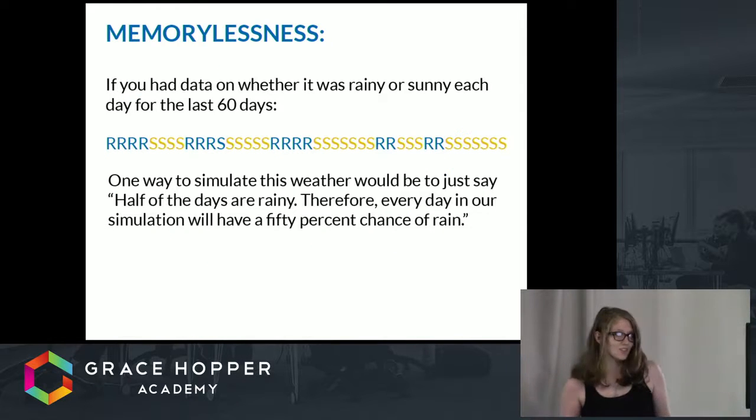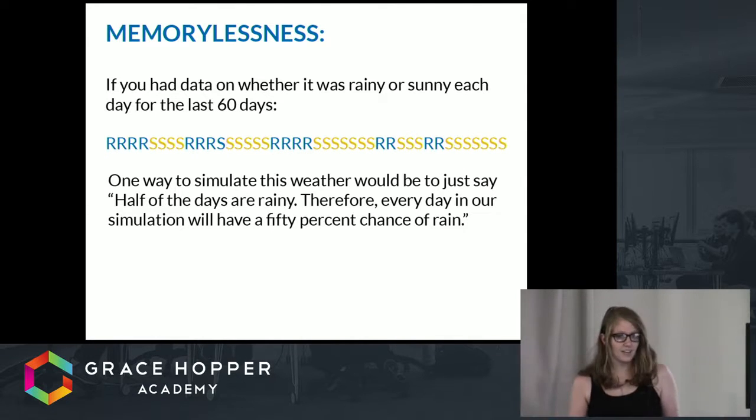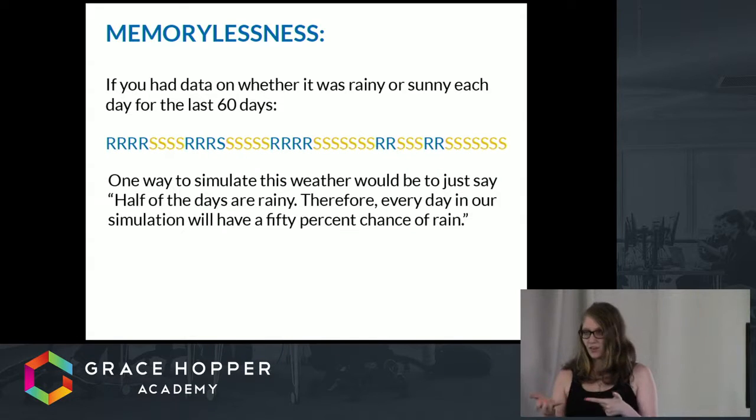Okay, so why is this useful? Going back to that definition that we started with, Markov chains are useful because they are memoryless. If we're looking at predicting the weather and we had information about whether it was rainy or sunny for the last 50 days, we could say, okay, 50% of the time it was rainy and 50% of the time it's sunny, but that doesn't necessarily mean there's always a 50-50 chance that it will be rainy or sunny.